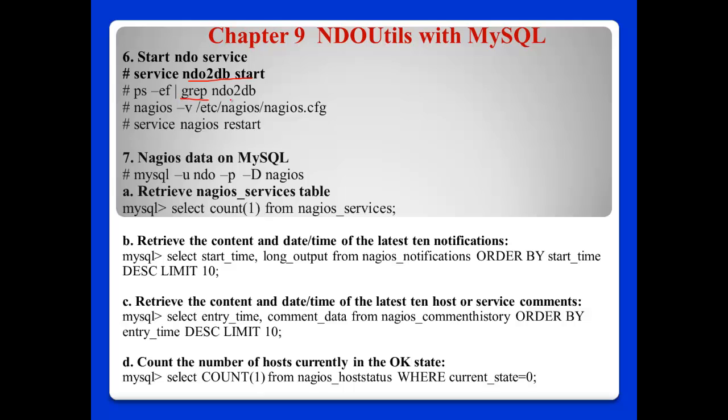And after that, check the process, verify, and restart Nagios. Then we can check whether this data is saved to MySQL or not using number 7. First one, MySQL username, password, and database name. And after that, here we can check how many services this one saved using this command. And the others, B, C, D as well, we can use this one.